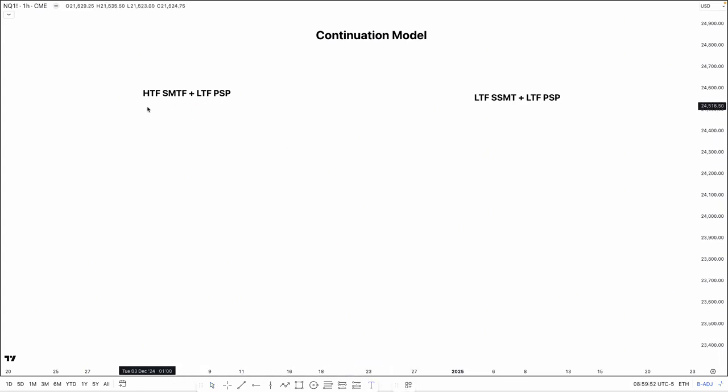In terms of what time frames we'll be using for the SMT fill, we'll be looking for a 4-hour, 1 hour, or a 30-minute SMT fill. Okay, these are the time frames that we'll be looking for. And then we know that the lower time frame precision swing point, similar to the reversal model, we'll be looking for a 15-minute or a 5-minute precision swing point.